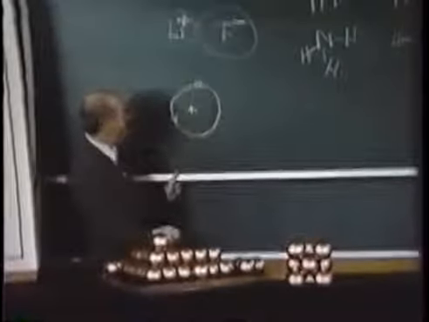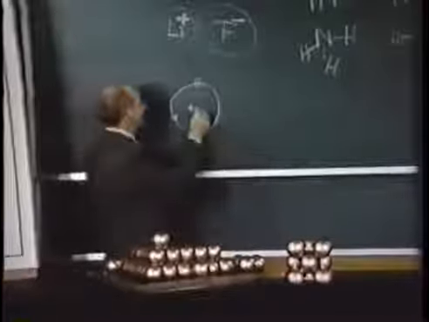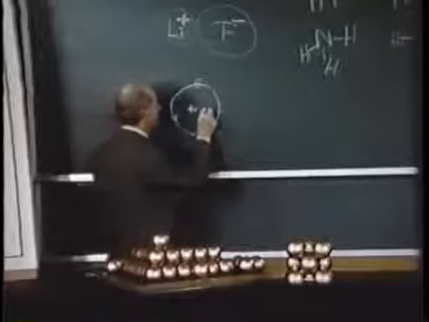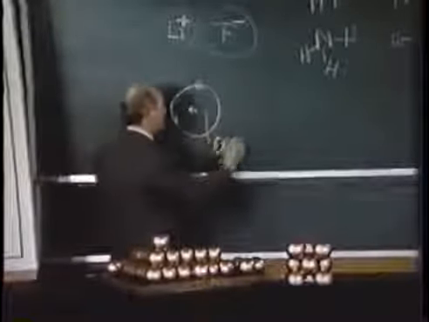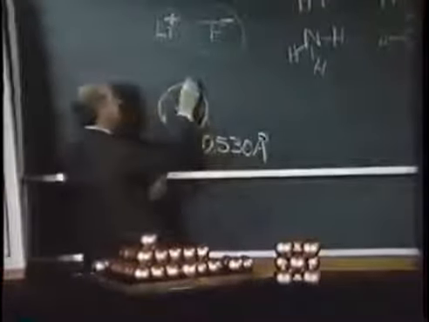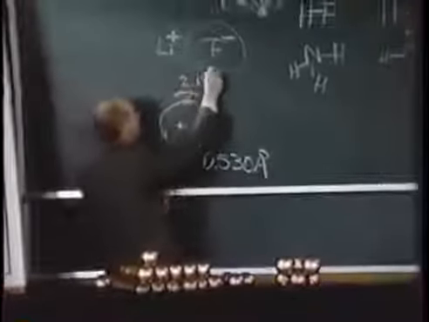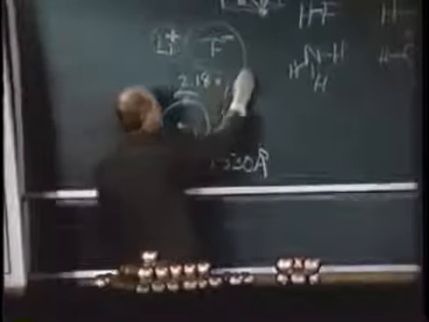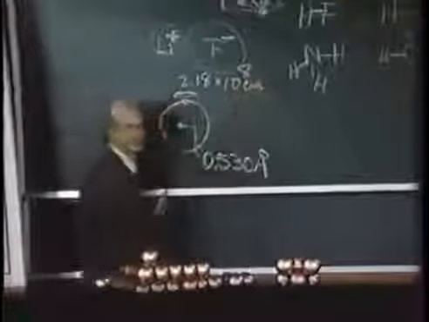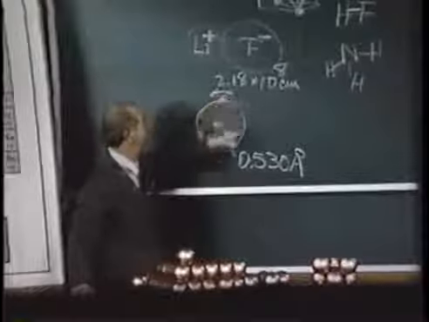The radius of the circular orbit was given by his calculations as 0.530 angstrom, and the speed with which it moves in its orbit as 2.18 times 10 to the 8th centimeters per second. That is a little less, 2/3 of 1% of the speed of light.